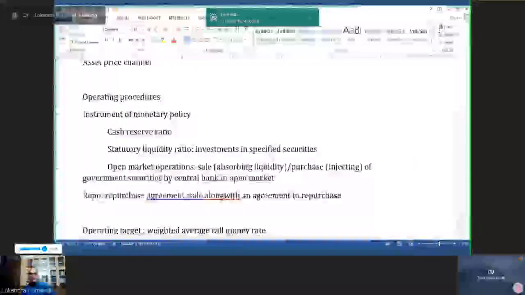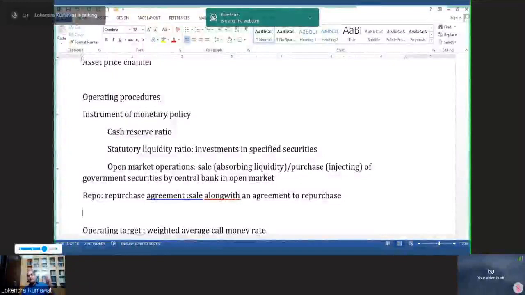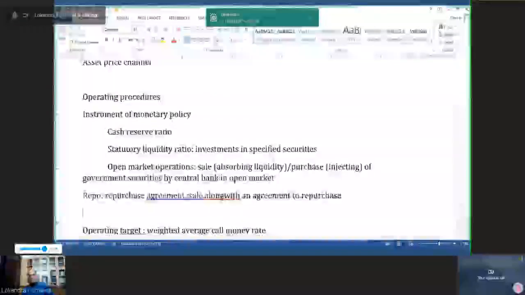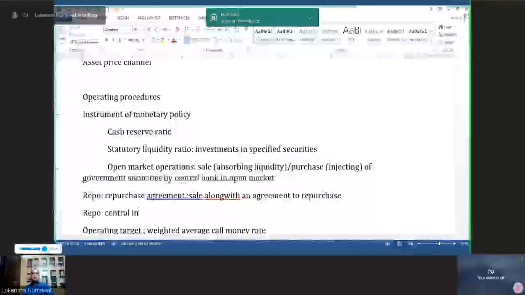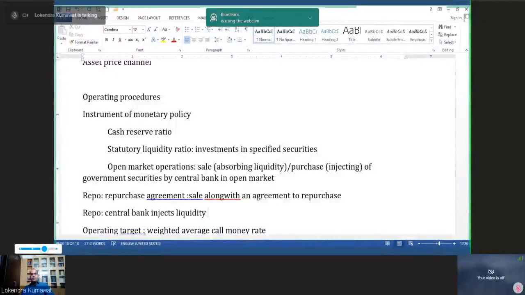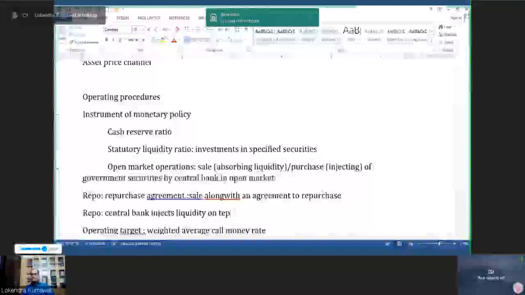That means you are getting liquidity from the central bank, and at the same time there is an agreement for repurchase of it. You are telling the central bank that on this date I will repurchase my security, that means I will give you back. So effectively, with this repo agreement, the central bank injects liquidity on a temporary basis.